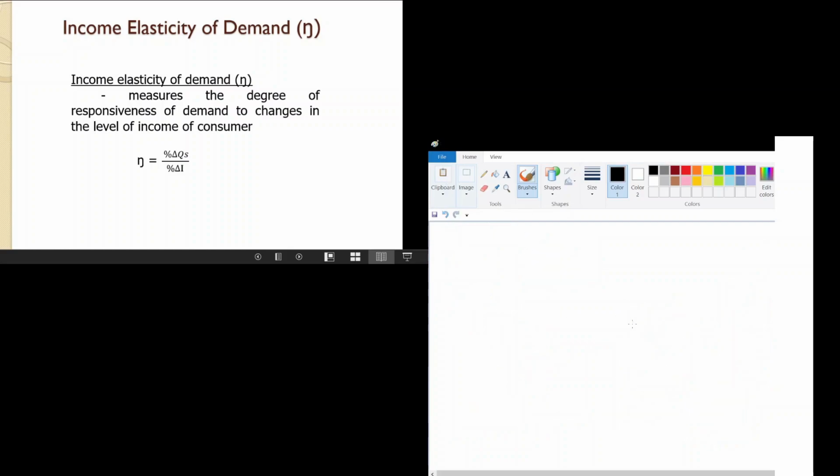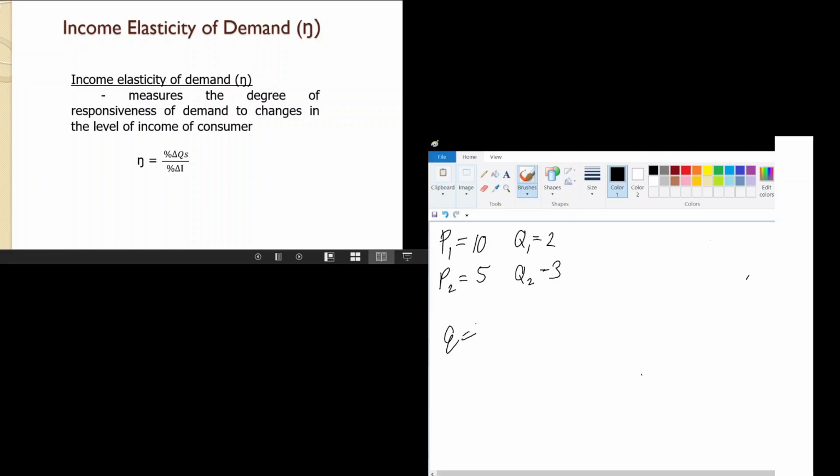Okay, so for example, yung given naman natin is P1 equals 10 and then P2 equals 5, Q1 equals 2, Q2 equals 3. Okay? So, meron na tayong P1, P2, Q1, Q2. Now, we can solve for the elasticity.